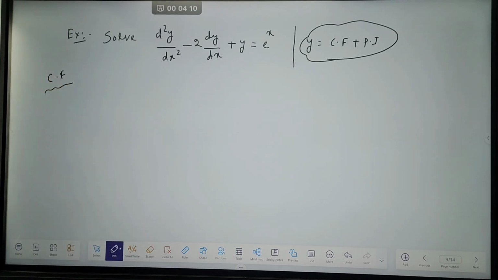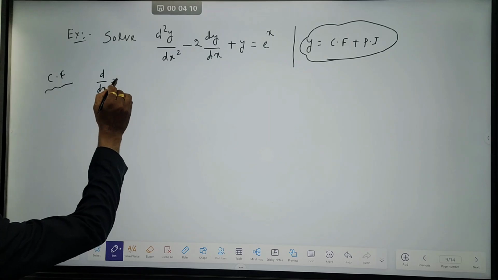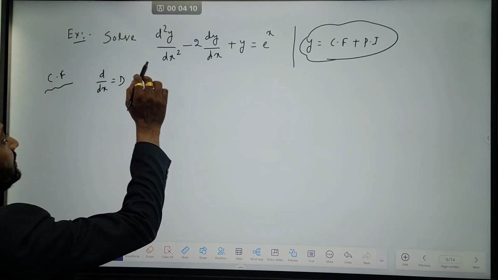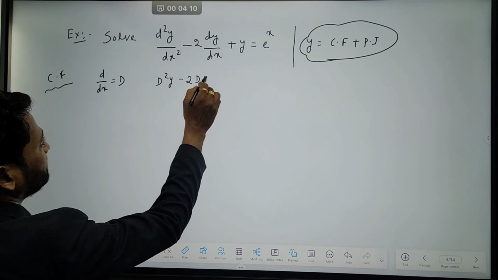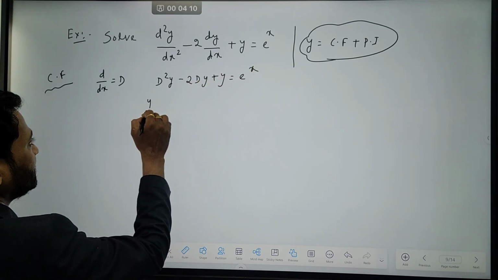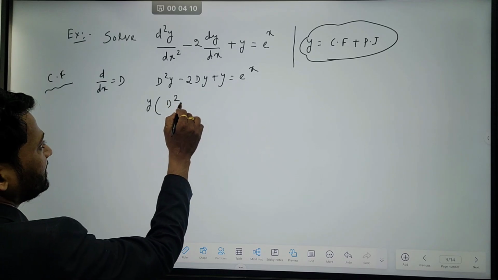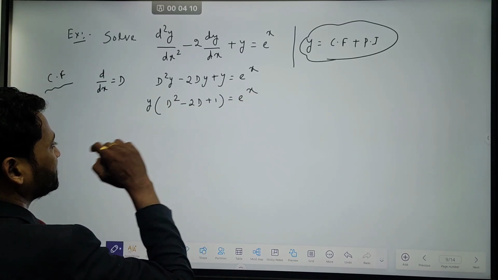Okay. What to do for CF? As I have told, you take d by dx as D. So it will be d square y minus 2 dy plus y equal to e to the power x. If we take y as common, it is d square minus 2d plus 1 equal to e to the power x.